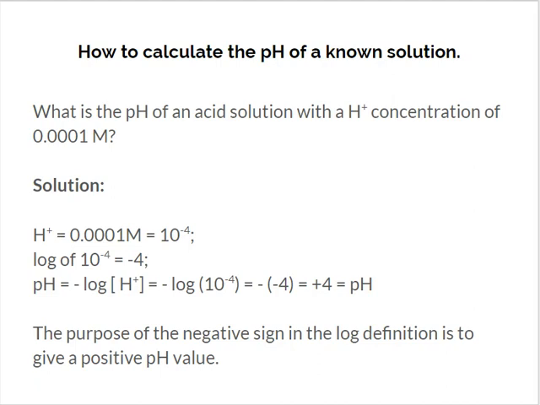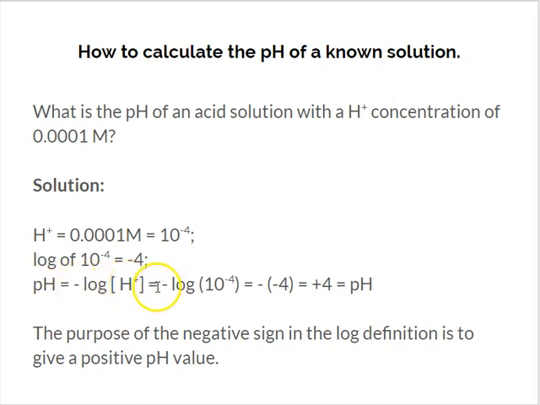If you plug in the log of 10 to the negative 4th in your calculator, you're going to get a negative 4. Well, we can't have a pH value that's negative. If you remember, we said the pH is equal to the negative log of the hydrogen ion concentration.